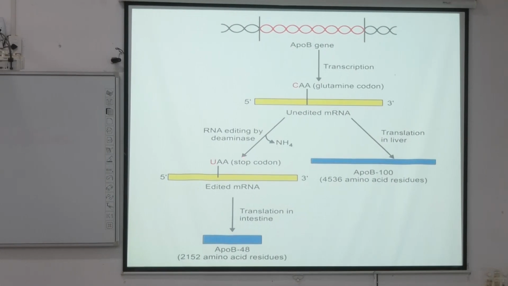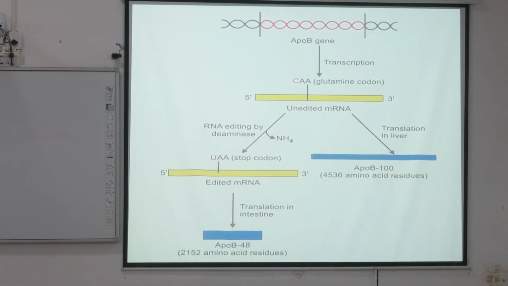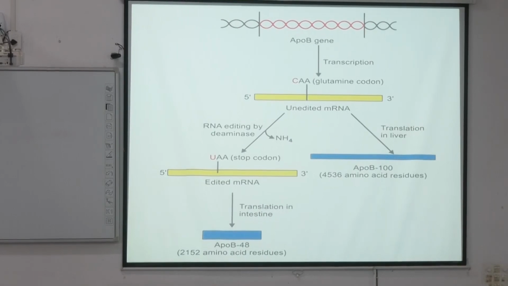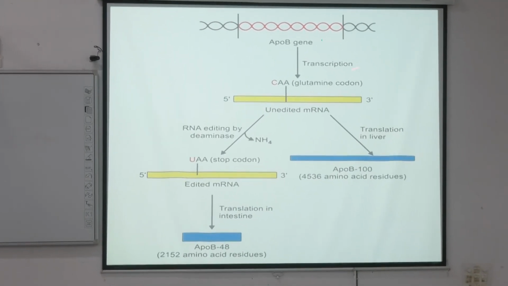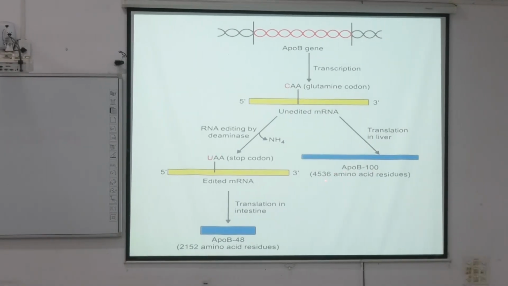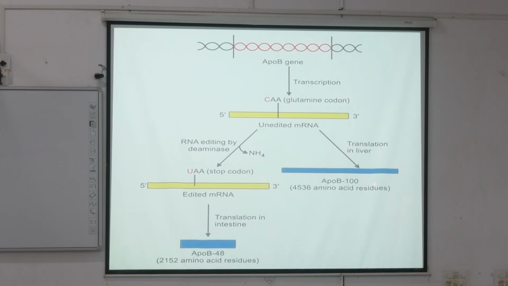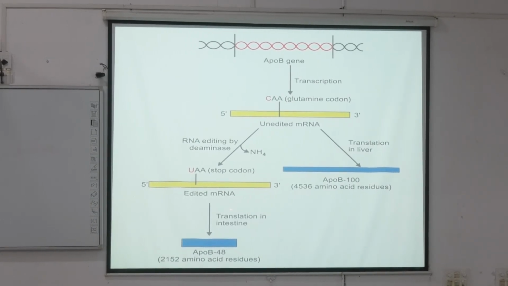And by RNA editing, what is happening here? A stop codon appears. Due to this RNA editing, the remaining sequence is not translated, whereas ApoB100 protein has 4536 amino acid residues. After editing, there is formation of ApoB48.